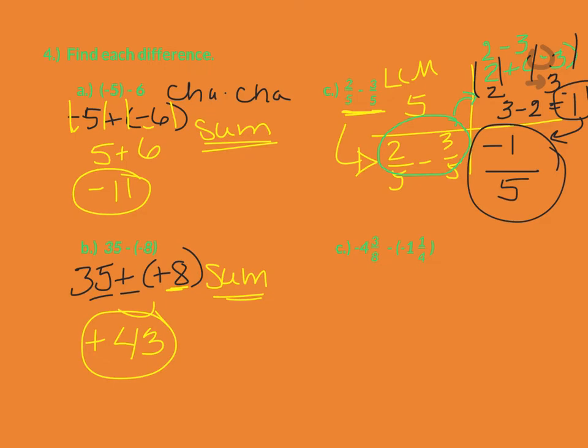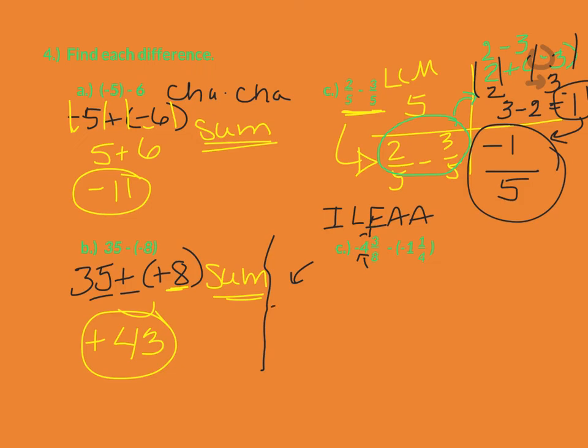Mixed numbers. Okay, well, the first thing we get to do, don't forget we are using, of course, I love eating apples and avocados. Yummy. I is for my improper fractions. So let's change those over here to the improper fractions. So 8 times 4 is 32, plus 3 more is 35.